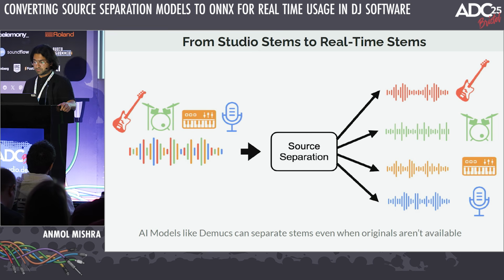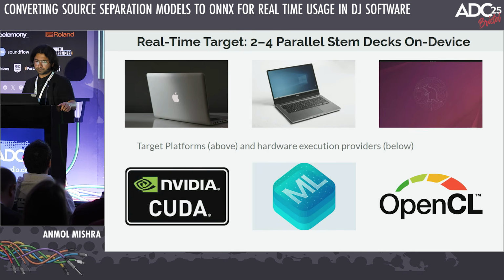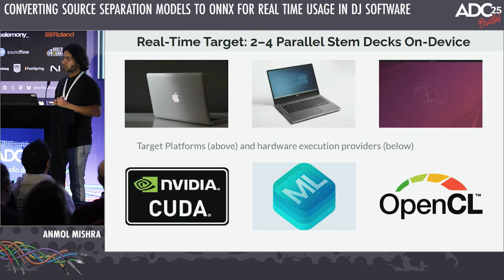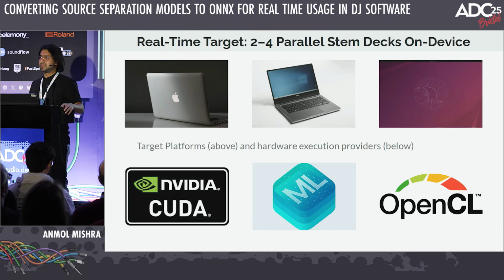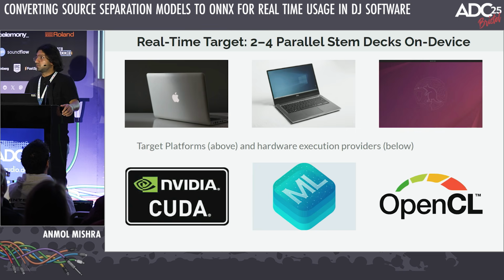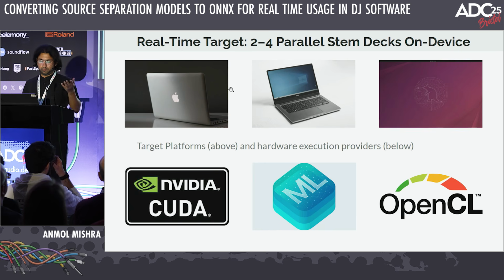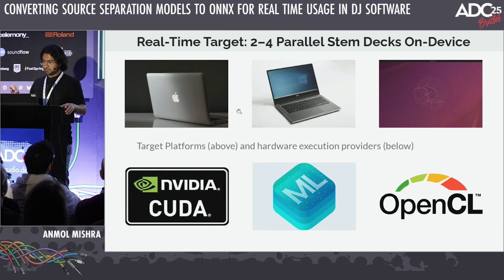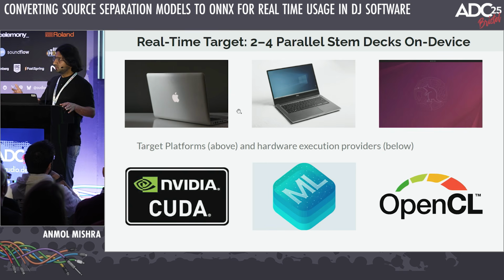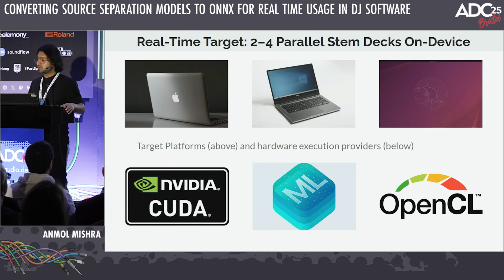So for music stem separation, what is our core problem? I mean, researchers made these nice deep learning models and released them. But we can't use them. We can't use them on our devices. We can't use them in our plugins. We want something that can run on Mac and Windows and Linux, and not just run on all these different platforms, but also target different hardware execution providers, which is a term that I'll dive deeper into later in the slides if you're not familiar with it.